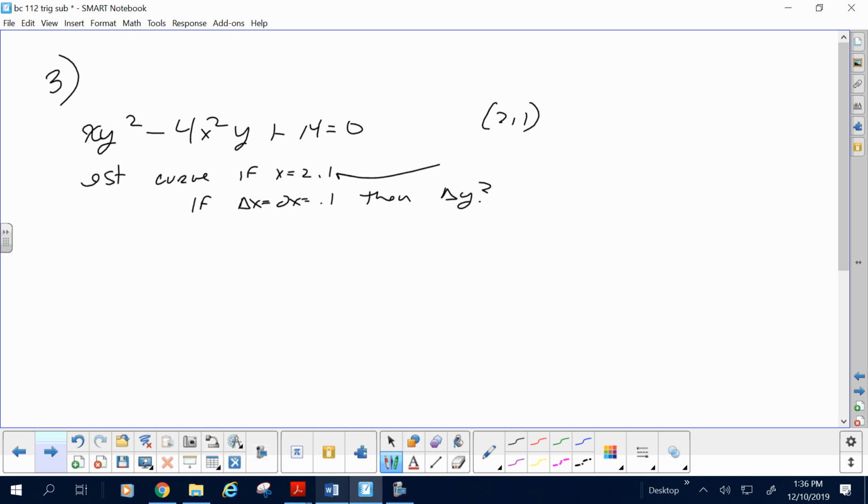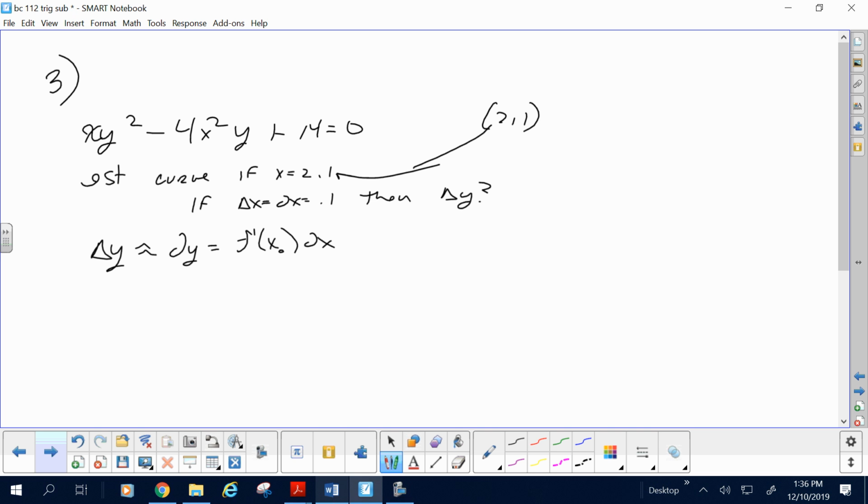So I need to estimate the change. Estimating delta y is done by dy. dy is the derivative. Now this isn't really a function, so notation-wise that's kind of neat, but you get the idea. Well, let's find the derivative first.